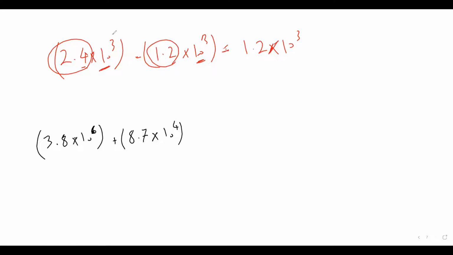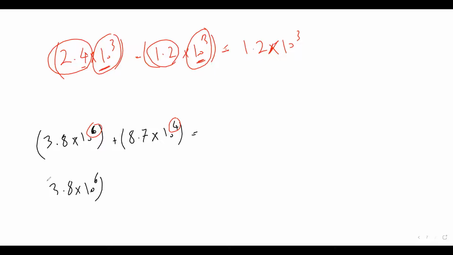So you basically don't worry about these powers. However, if it's not the same, in this case, the first thing you need to do is to make the indices the same. So you have to change them, either change this to 6 or change this to 4. I'm gonna do both so you would see how it works.